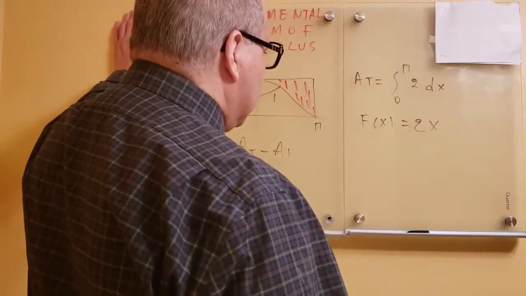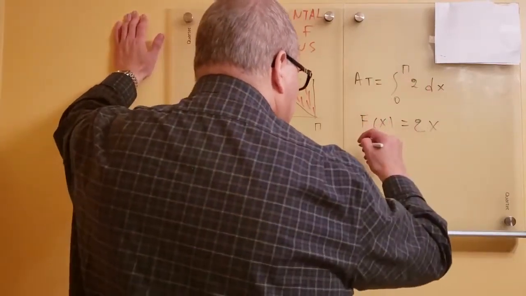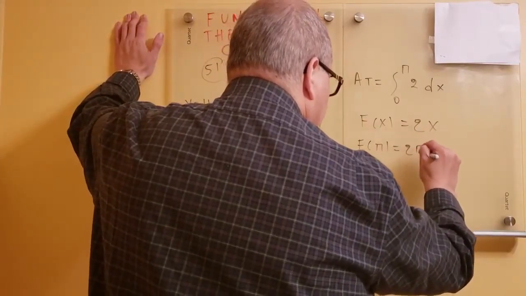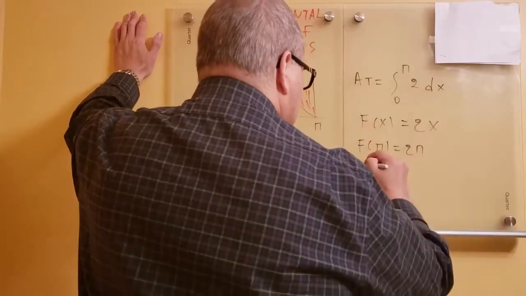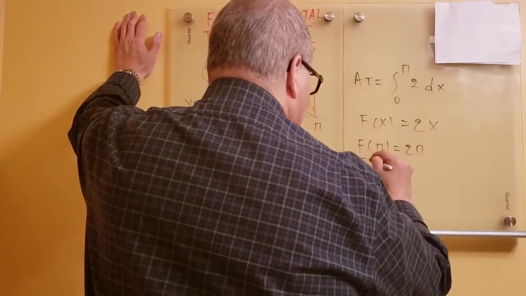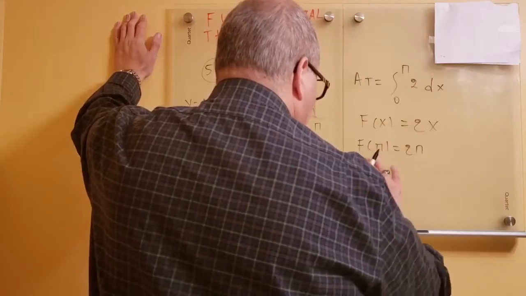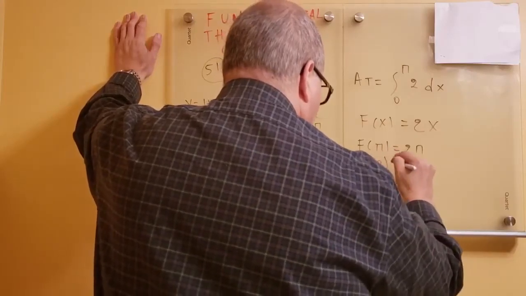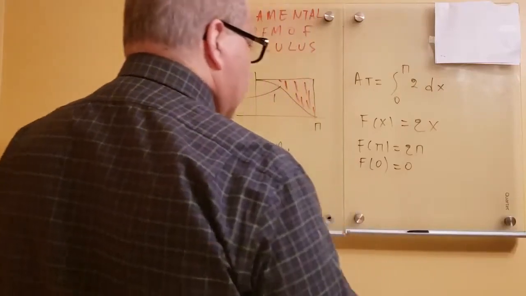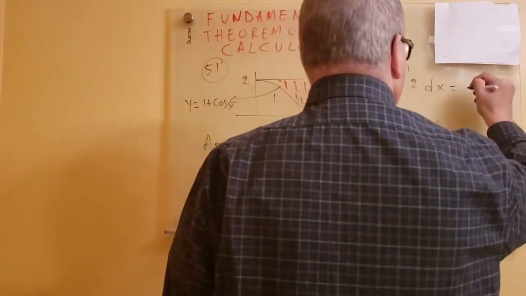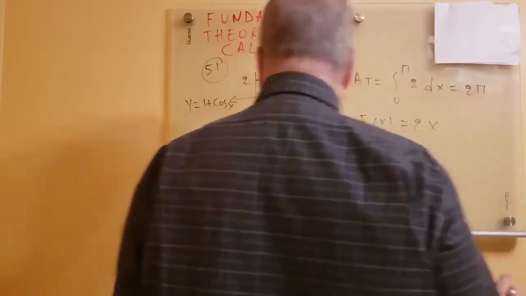So that means that you have to evaluate this first at pi, which of course will give you 2 pi, and then you evaluate it at 0, so that will give you 0. So this here should be 2 pi minus 0, so it's 2 pi.